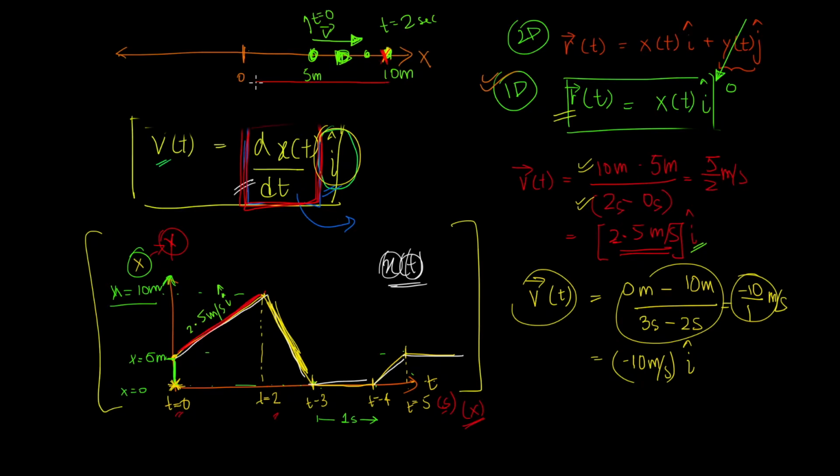So the body would have to move in this direction with a velocity of negative 10 meters per second in the i cap direction. That is to say, it moved to the left. So that's how you also incorporate signs with velocity.